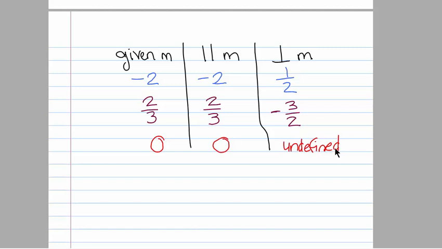There's also one more that I want you to think about. If my given slope is 1, my parallel slope is 1, my perpendicular slope is -1. That's the only one that just changes the sign, but that's because there's no reciprocal of 1.